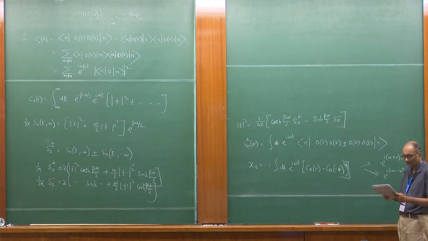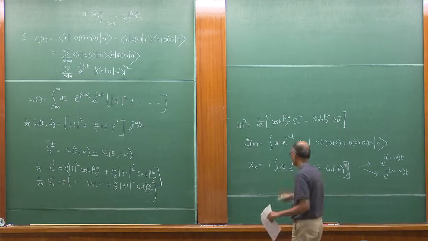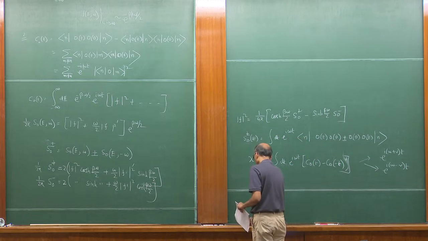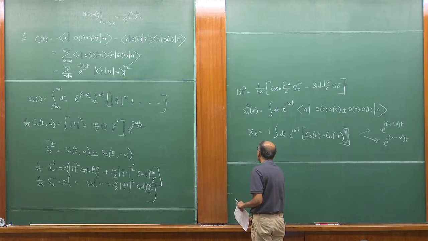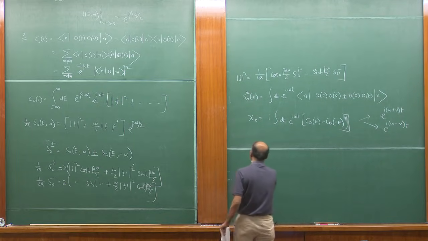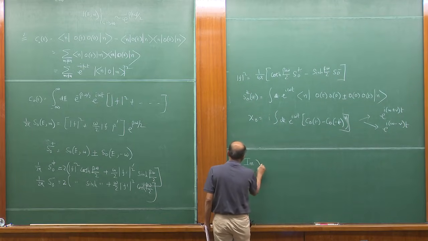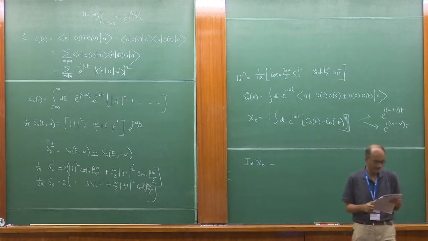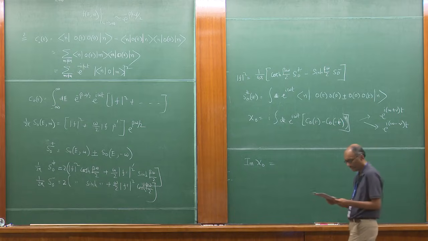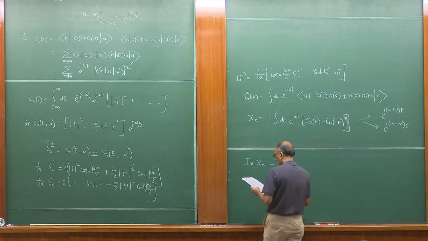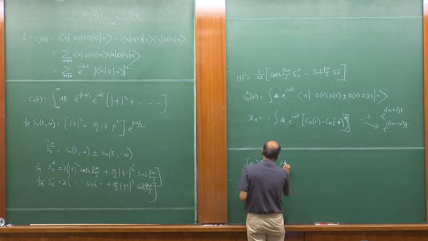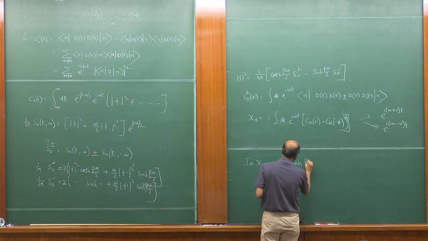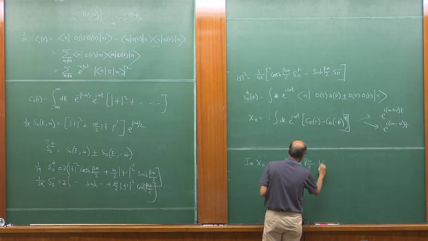And once you do this, you will find that the imaginary part of this chi naught, and this algebra is carried out in details in the review article that I referred to, so in case you are interested, you can just look at that, is 2 pi sinh beta omega by 2 times mod f square.